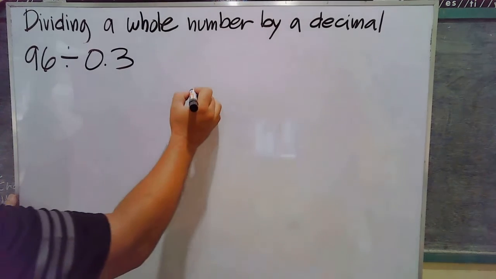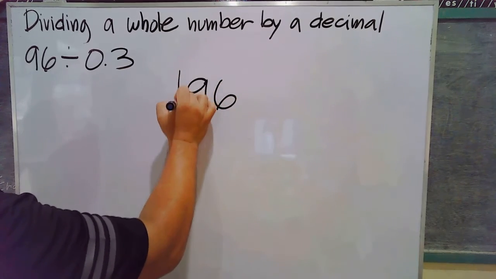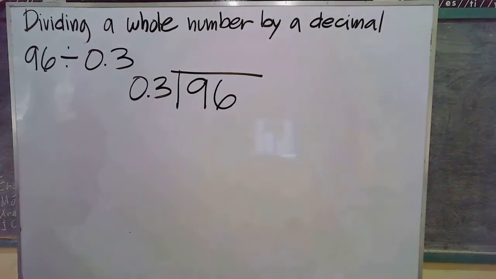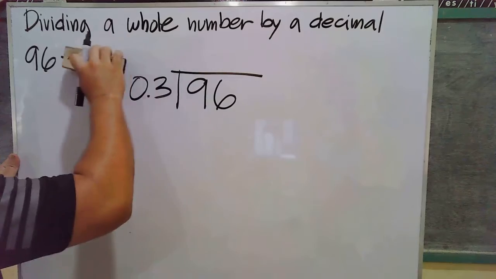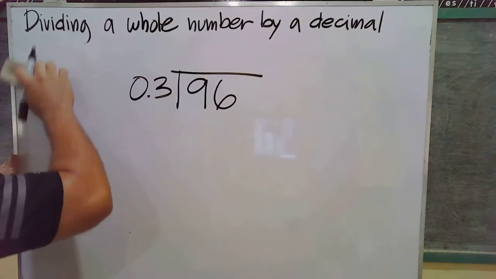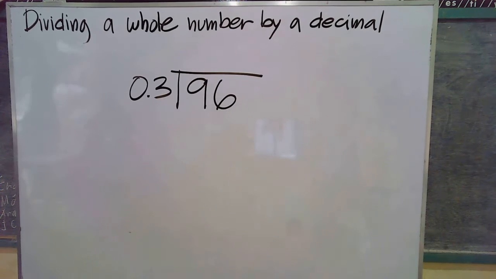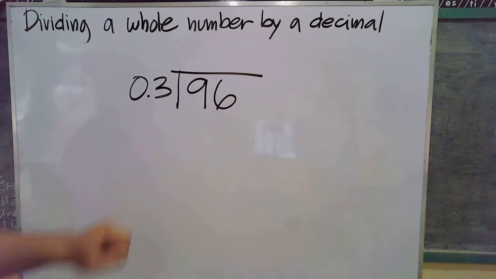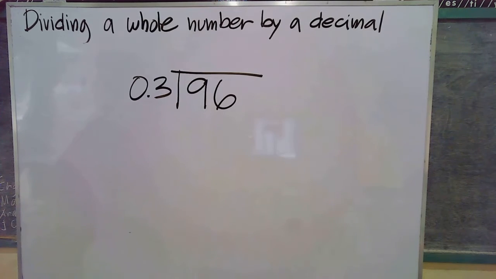If we arrange them, 96 is our dividend and 0.3 is our divisor. Let's erase this. To divide them, first make the decimal number into a whole number. How? By transferring the decimal point to the rightmost of the number to make it a whole number.